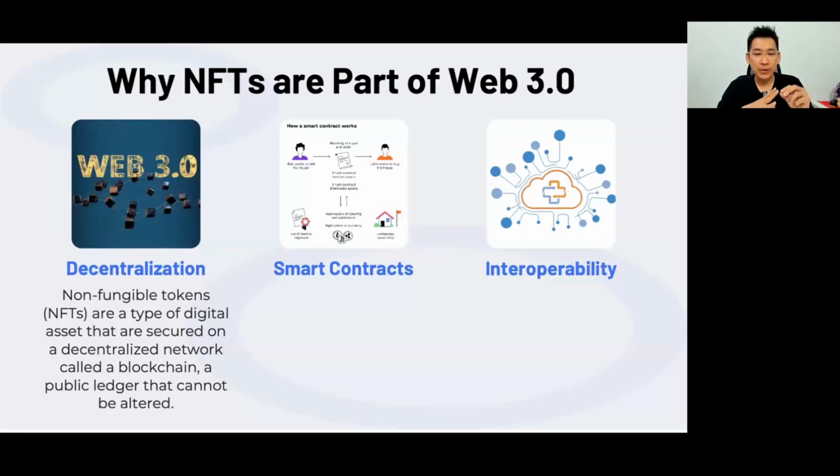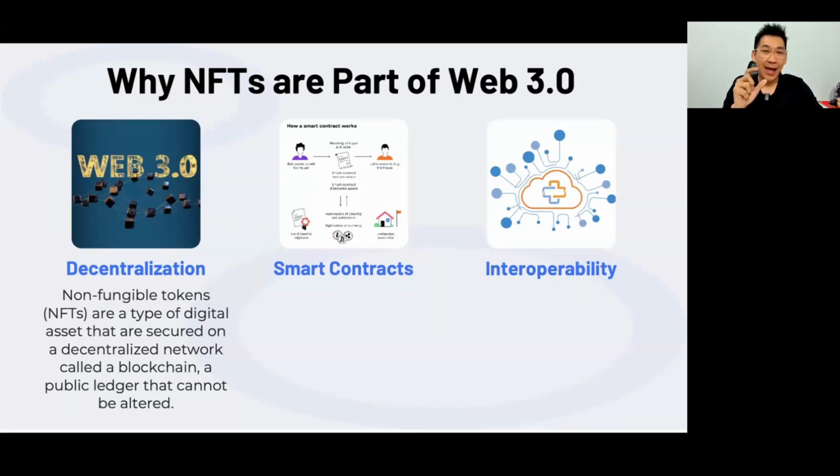So non-fungible tokens, NFTs, are a type of digital assets that are secured on a decentralized network called blockchain, a public ledger that cannot be altered. So your NFTs are in the blockchain. It is not controlled by a specific company. It is actually in the blockchain that's accessible with your digital wallet.